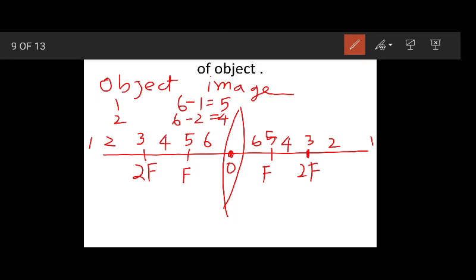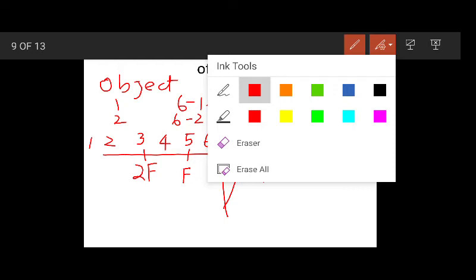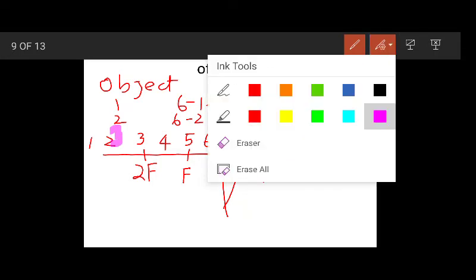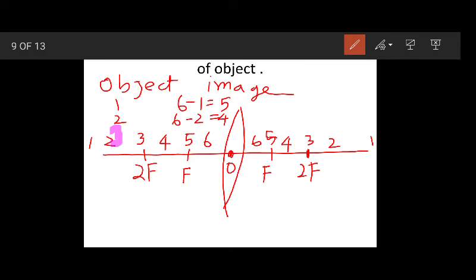Similarly, when you place the object at position 3, then the image will be at 6 minus 3, that is 3.